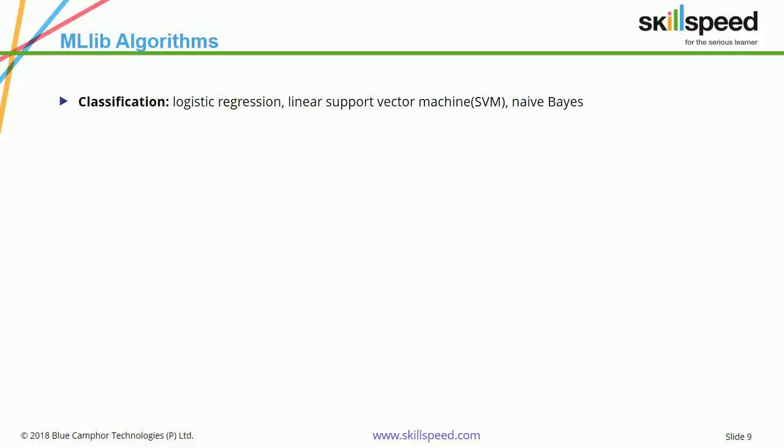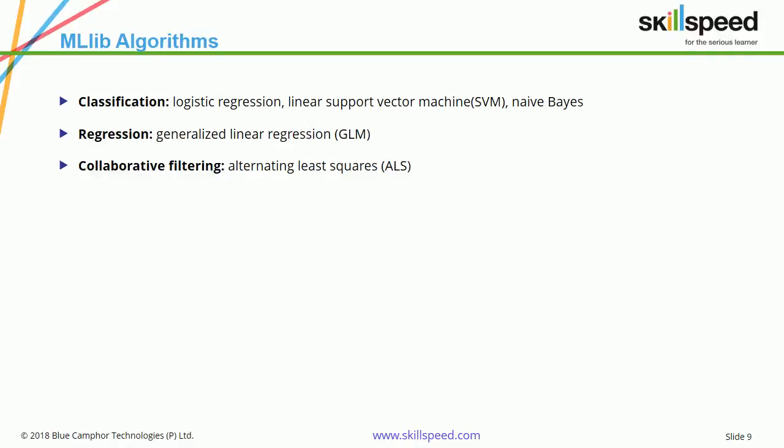When we look at classification, like we have seen in the earlier slides, Spark's MLlib supports the classic logistic regression, SVM, and naive Bayes. In regression, we have generalized linear regression. And for collaborative filtering, it supports the alternating least squares algorithm.